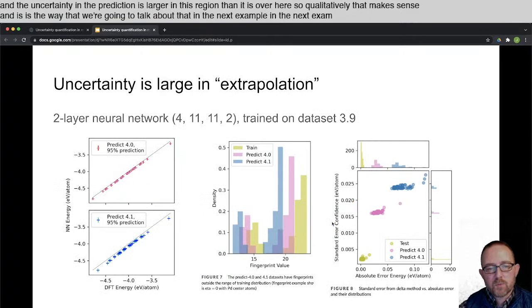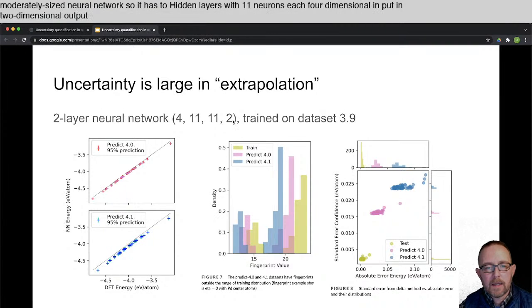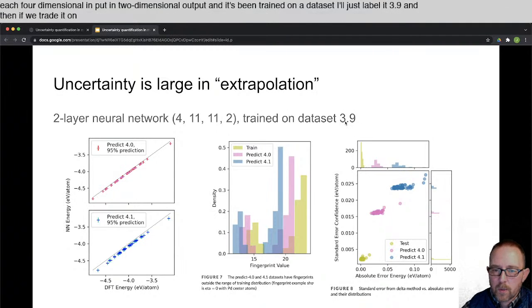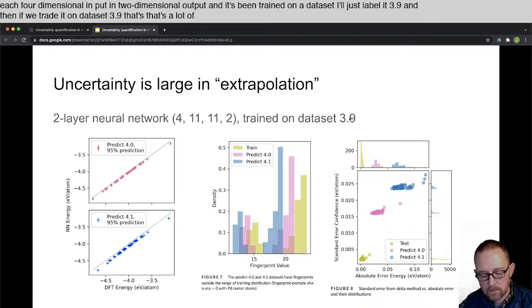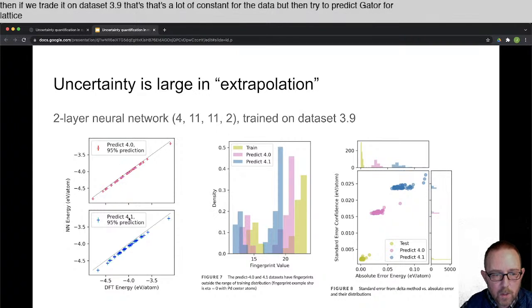In the next example, we show results from a moderately sized neural network. It has 2 hidden layers with 11 neurons each, a 4-dimensional input and a 2-dimensional output. It's been trained on a data set I'll just label 3.9, that's a lattice constant for the data. But if we then try to predict data for lattice constants of 4.0 and 4.1, the predictions are not very good.